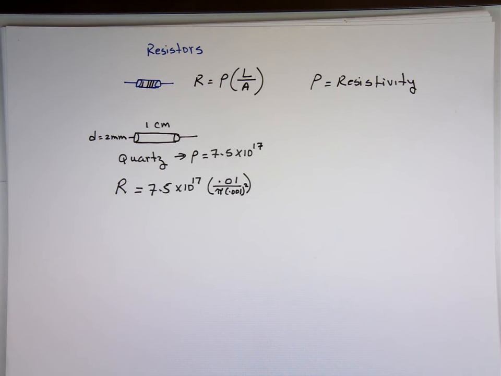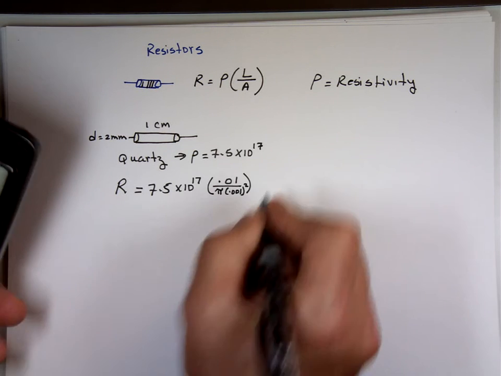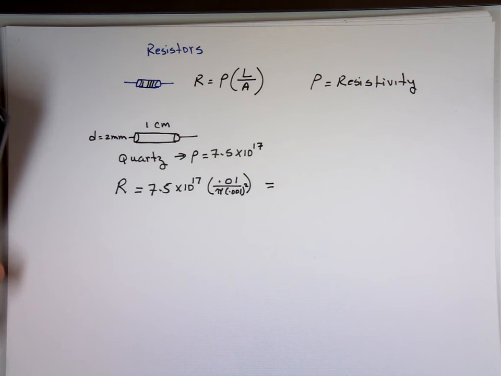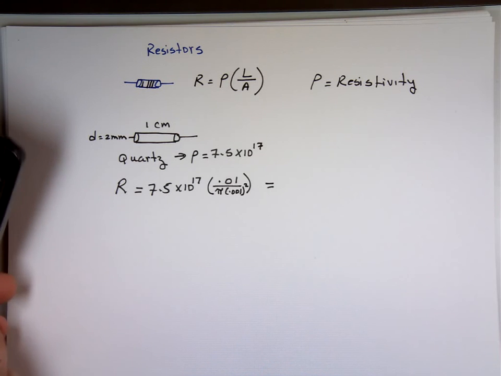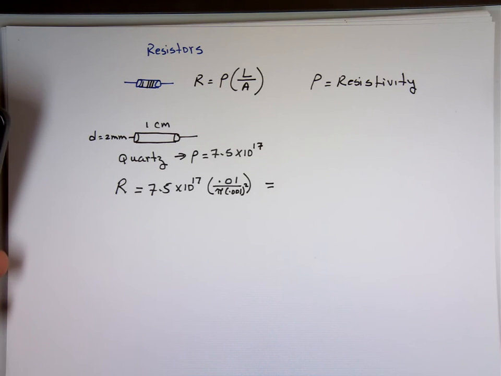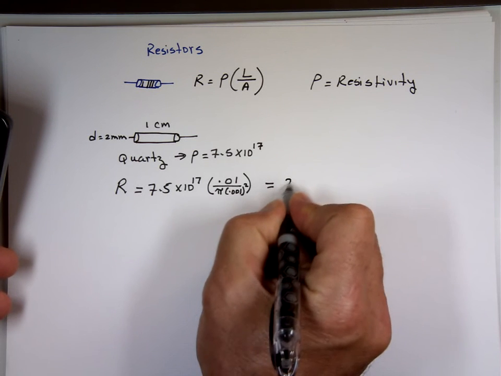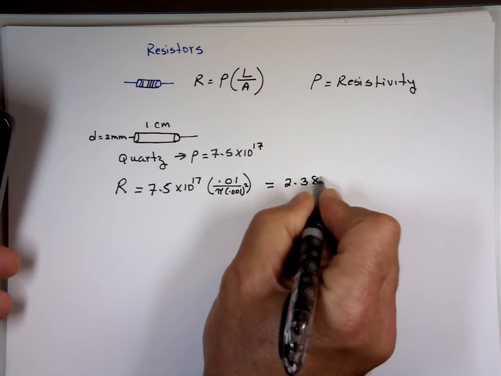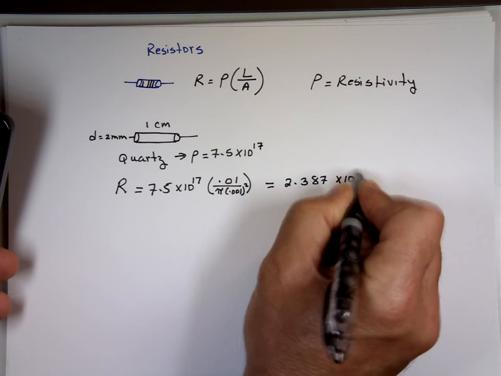So this actually will have a value for a resistor of 7.5 e to the 17 times 0.01 divided by 0.001 squared times pi. That's a huge resistor. 2.387 times 10 to the power 21.